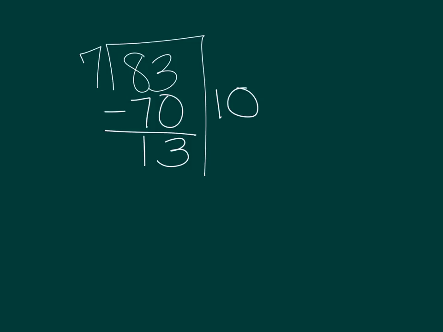So what am I going to have to use now? Bennett, if I can't pull a 10, what am I going to use? What do I have to go back to? Jenna, what do I go back to? I'm going to go back to my 7, skip counting by my 7.